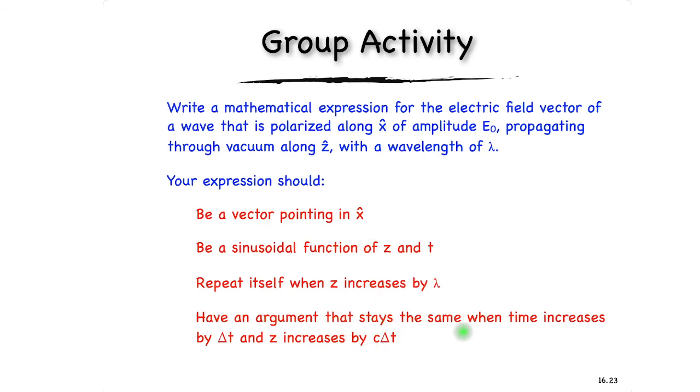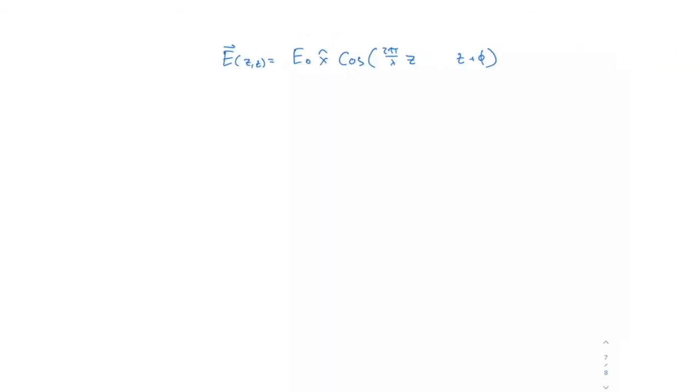And it has an argument that stays the same when time increases by delta t and z increases by c delta t. So if time increases by delta t, and z increases by c delta t, I have to get the same argument.